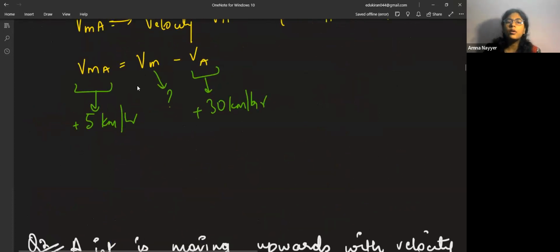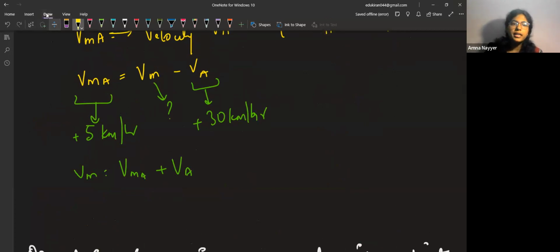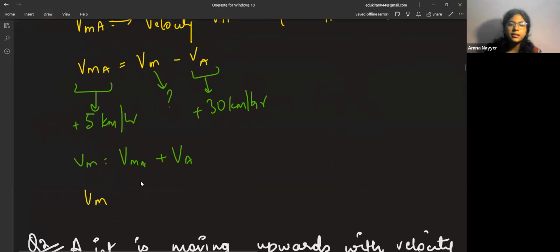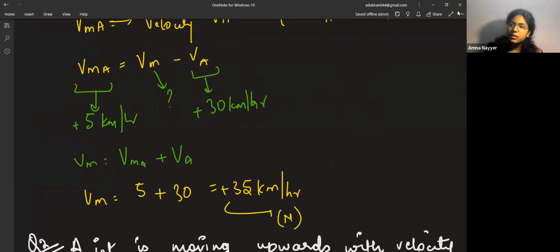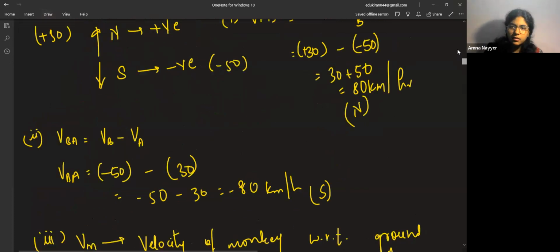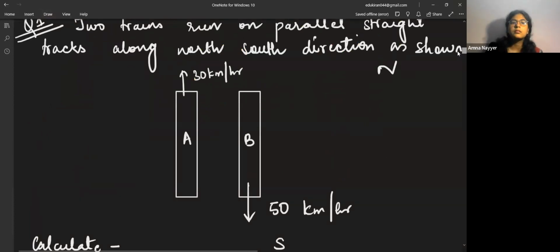Only VM is unknown. VM will become VMA plus VA, so 5 plus 30, which is 35 km/h. Answer is coming positive. Positive sign is depicting towards north. Note down the question with the solution.